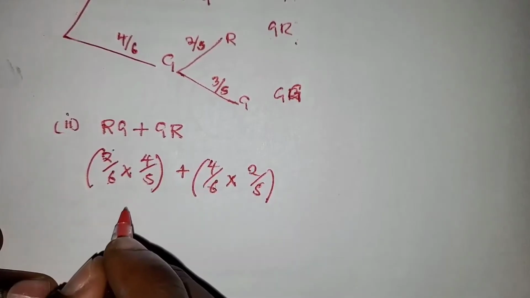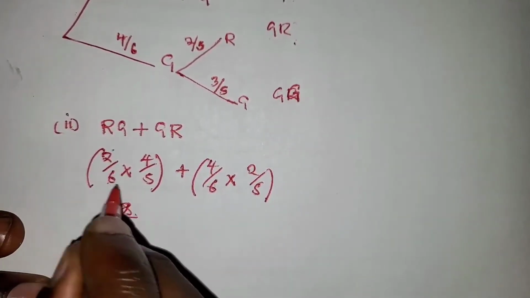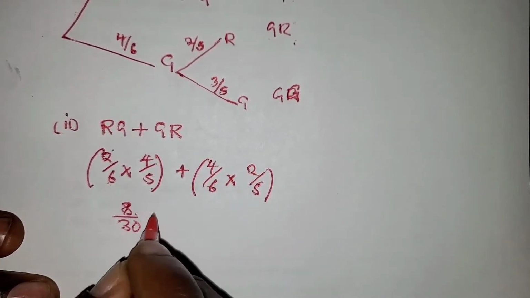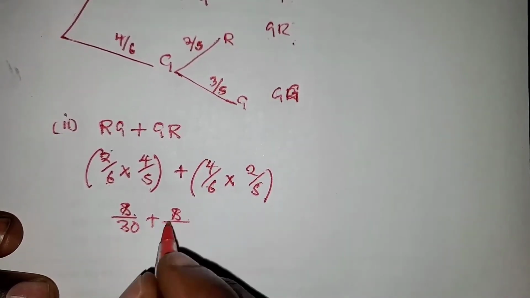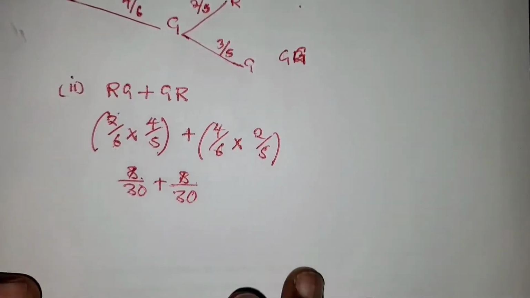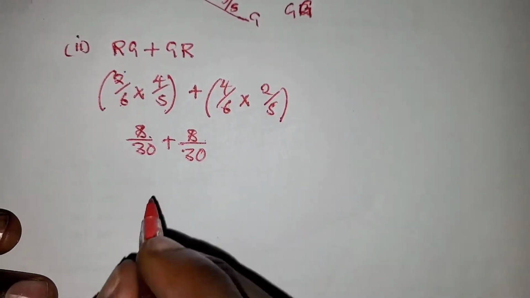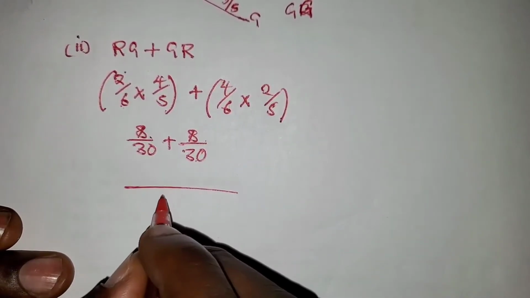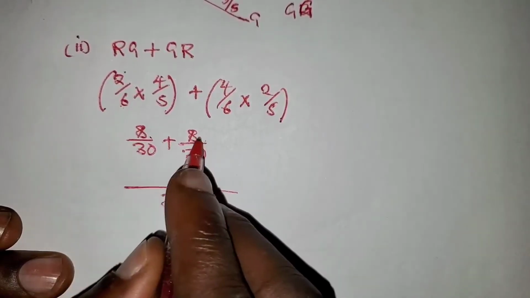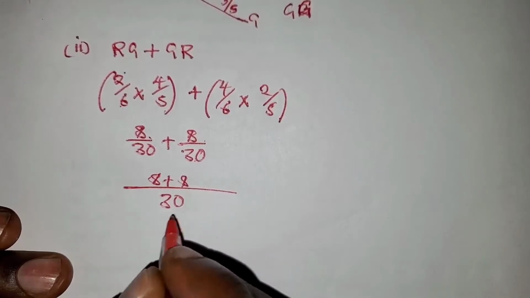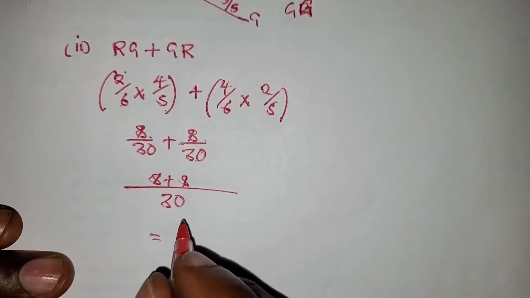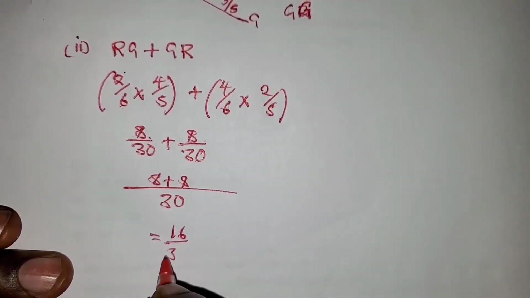2 times 4 is 8, 6 times 5 is 30, plus 4 times 2 is 8, 6 times 5 is 30. The common denominator here is 30, so we simply add 8 plus 8, which is 16 over 30. This can further be reduced.